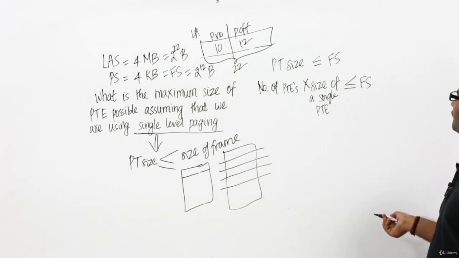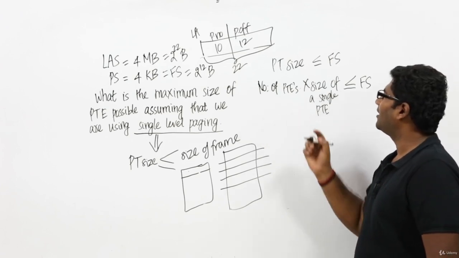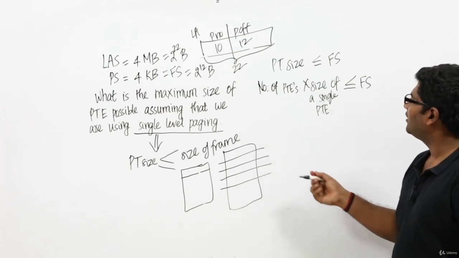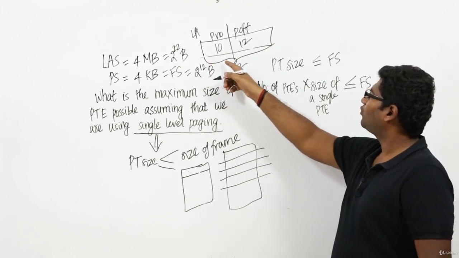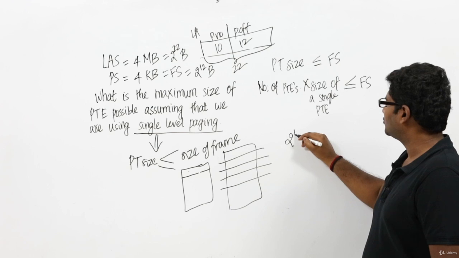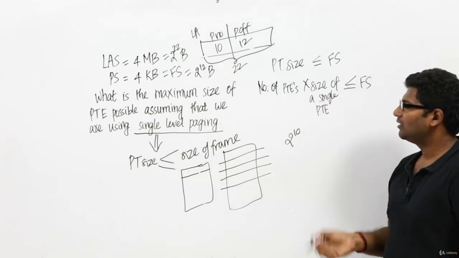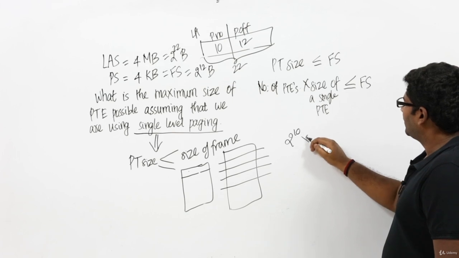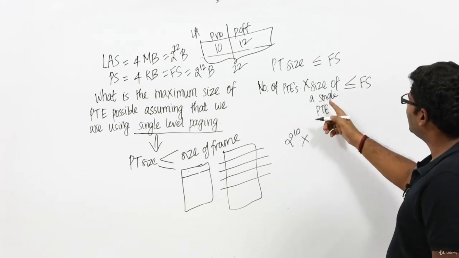Now the number of page table entries will be equal to the number of pages. It will always be true. So we know that we have a total of 2 power 10 pages. So I am going to write the number of page table entries as 2 power 10. Why am I doing this? Because the page table size is the number of page table entries into the size of a single page table entry.